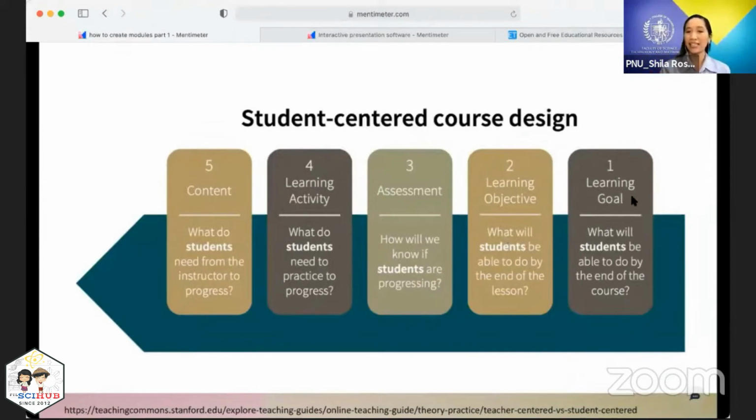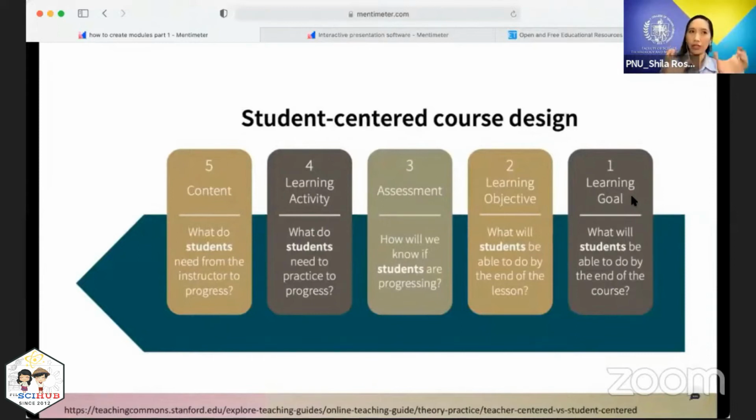Okay? Kasi dahil sa sobrang broad ni learning goal, hindi mo talaga siya madaling ma-measure. Example, my learning goal in a subject that I'm teaching right now is to describe Earth's place in the universe.